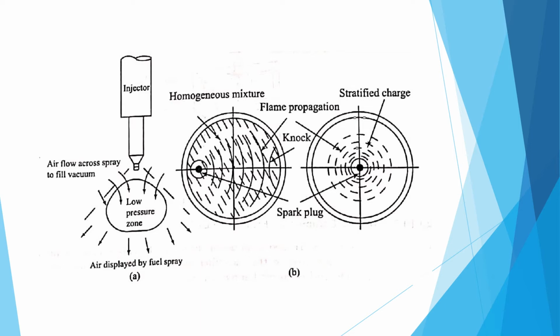Therefore, injection and ignition timing should be changed as per the load for proper and complete combustion. The injection timing is advanced with increase in load for better air utilization.